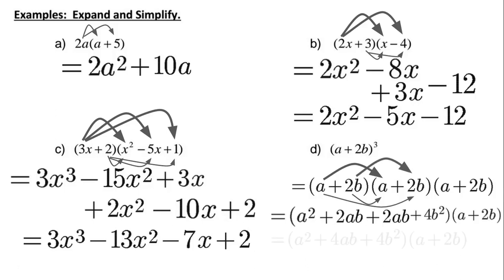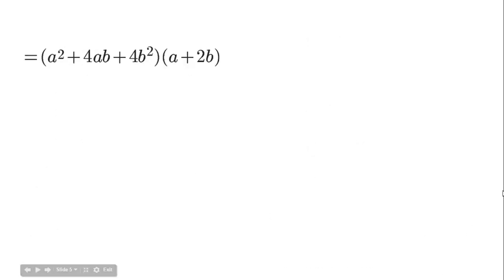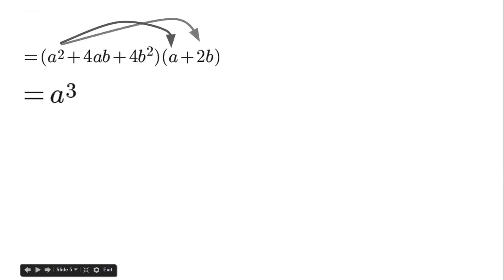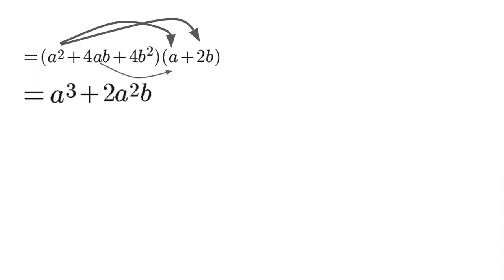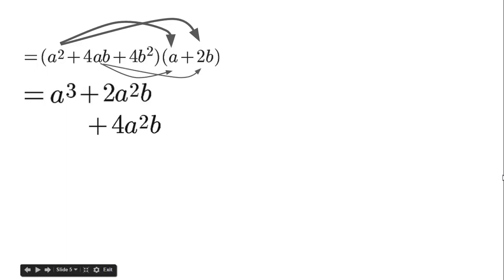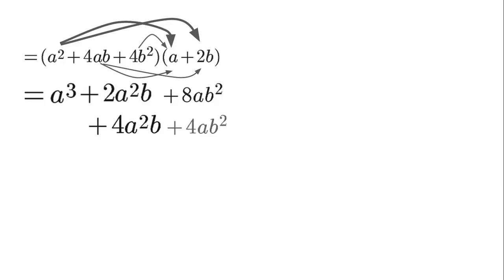Then multiplying that by a plus 2b, I'm just going to continue that on the next slide. A squared times a is a cubed. A squared times 2b is 2a squared b. 4ab times a is 4a squared b, so we group those together. 4ab times 2b is 8ab squared, so there's 2 b's and 1 a. 4b squared times a is 4ab squared, so we group those together.